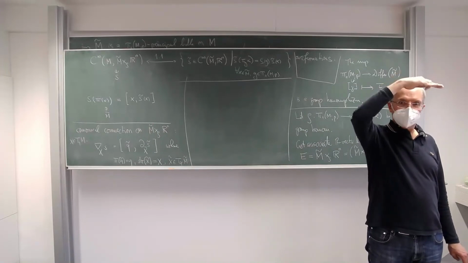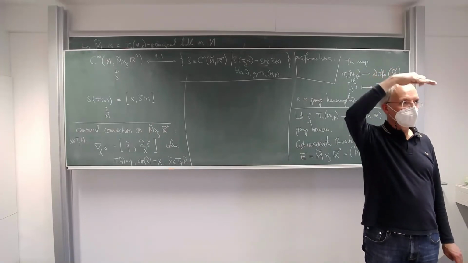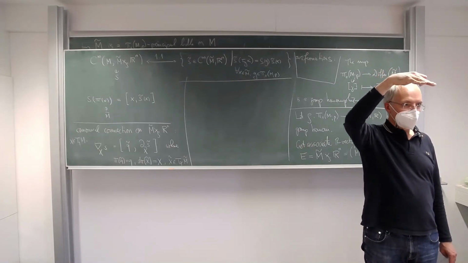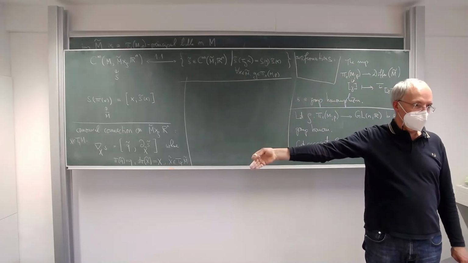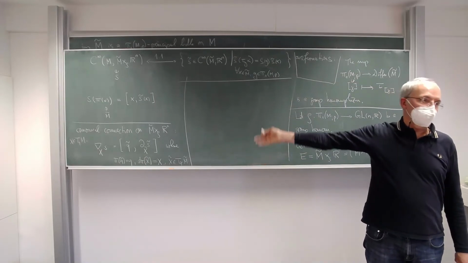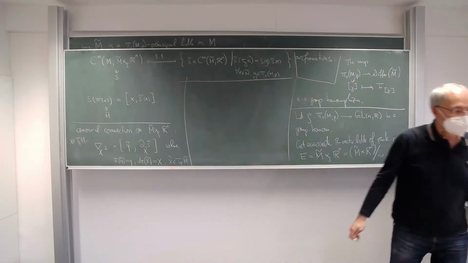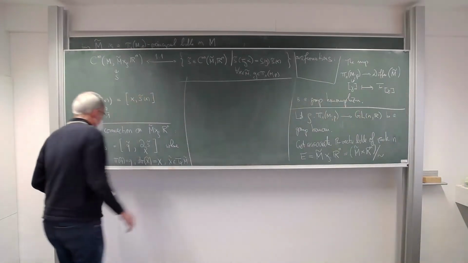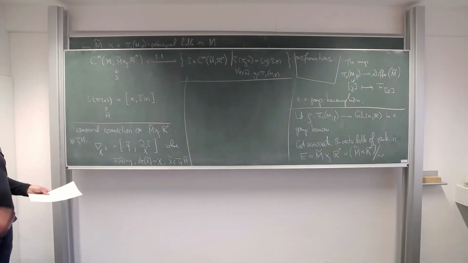So there's only one possibility to choose a horizontal space, namely the full tangent space to m tilde. And then you take that connection on the principal bundle and use it on the vector bundle. That's the same thing as what I'm describing here. Yeah, in that sense, yes. But I want to give an explicit description because we want to work with it.